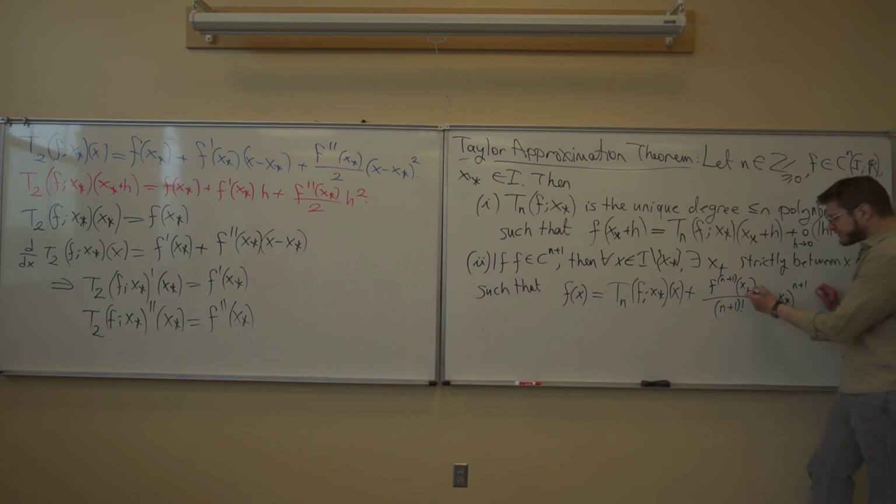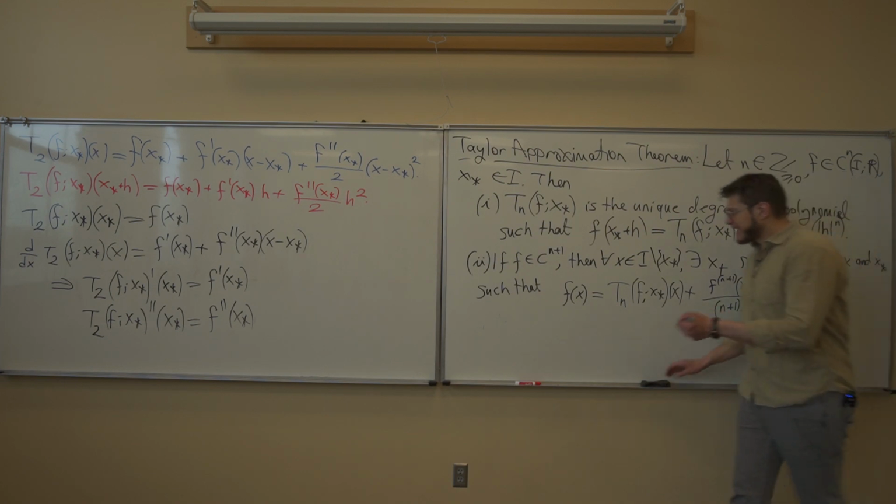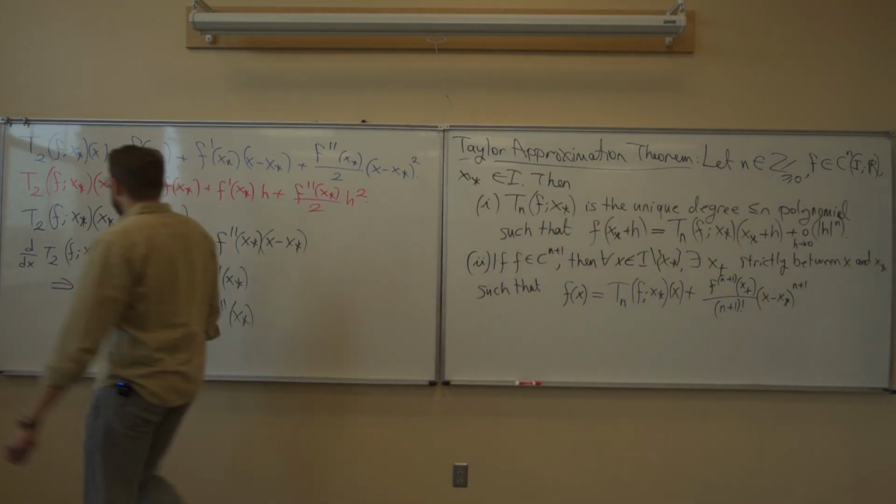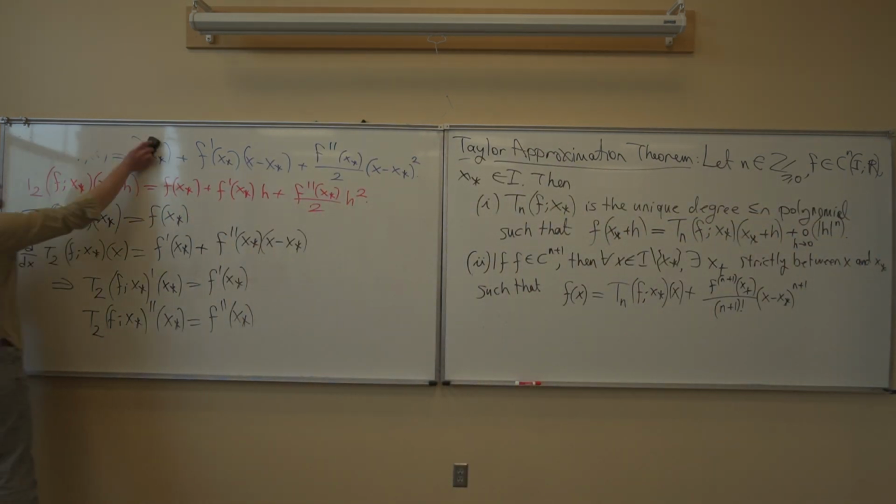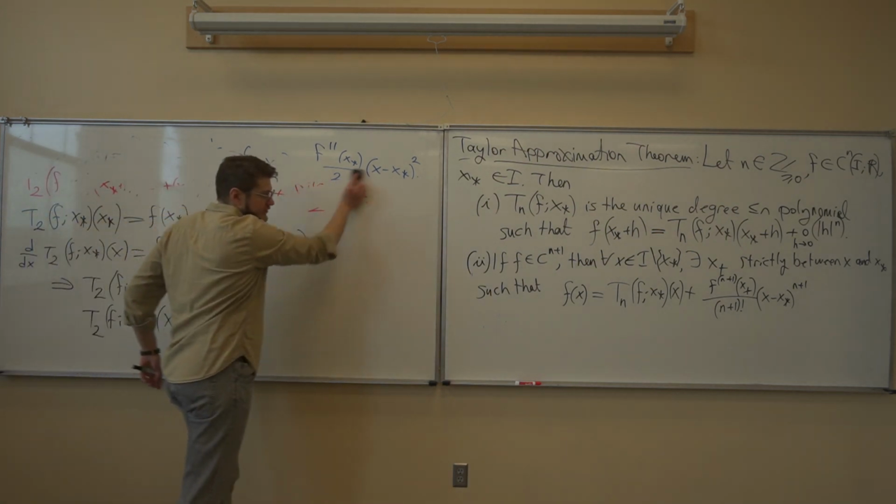So if it were the case that x dagger equals x star, this will be literally the n plus first Taylor polynomial. But you see, this base point is the wrong point. It's a different point. And again, if f is in Cn plus 1, there's also an integral form of this remainder.